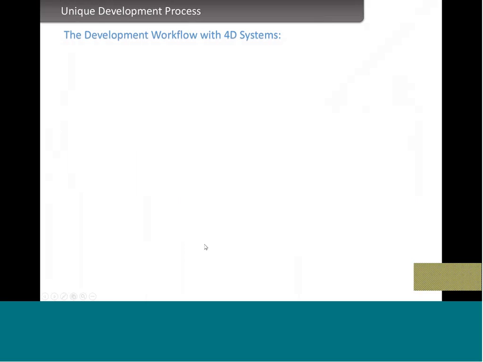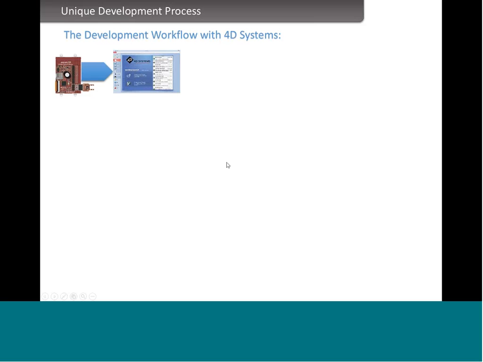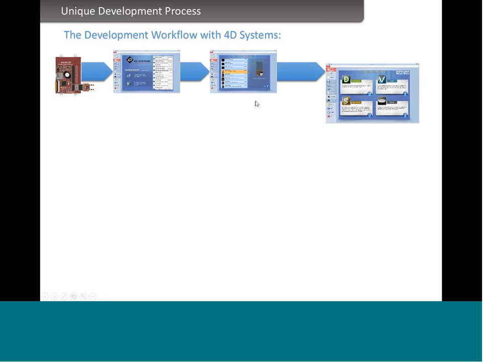Well, the unique development process of 4D Systems is the following. You would take a display with the programmer. You will start the 4D Workshop IDE and create a new project. You will select your display, the one you've chosen for your application, and then you'll have to decide what environment you want to work with.